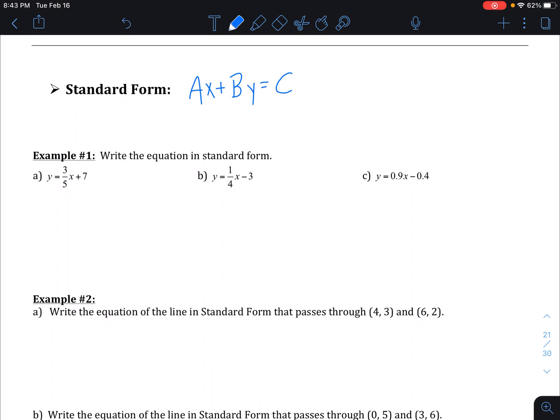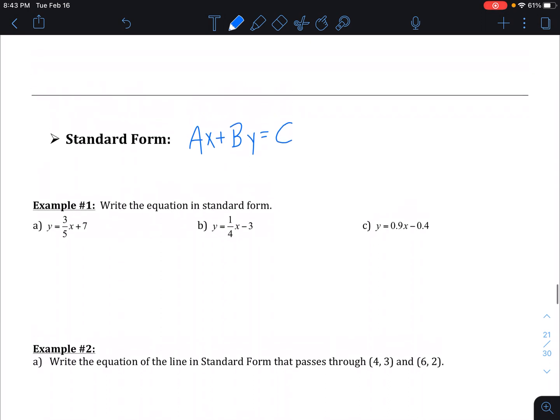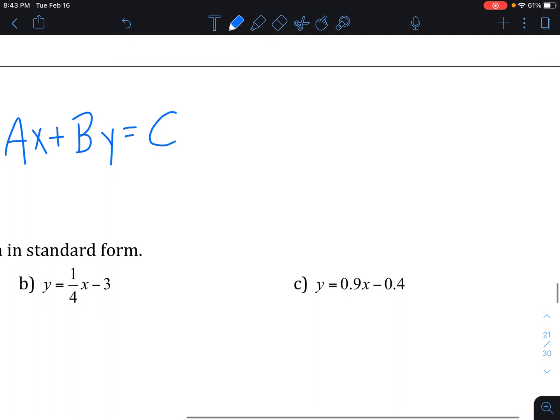Now, the thing about standard form is, and by the way, when we say ax plus by equals c, b and c can be negatives. A would not be a negative. So let's make a note of that. A can't be a negative number.